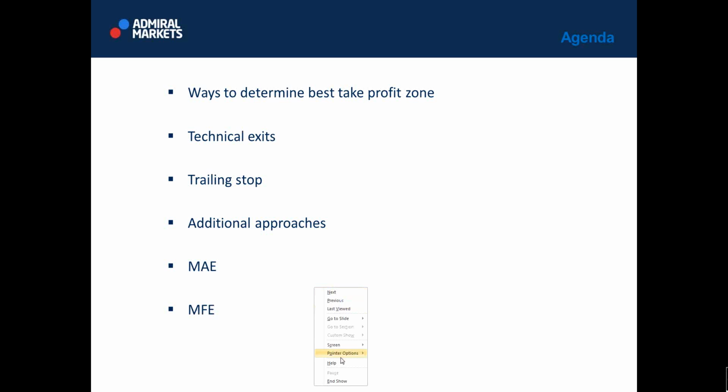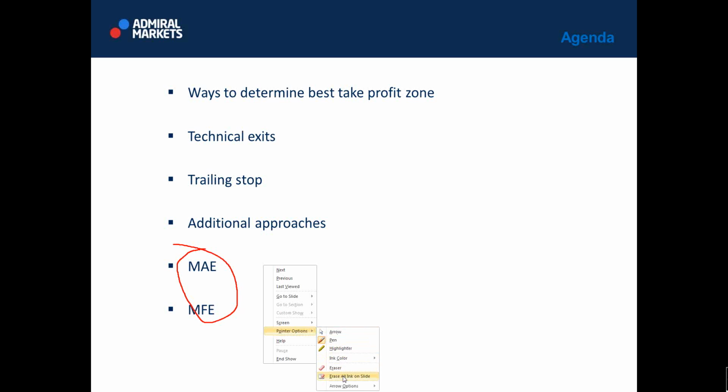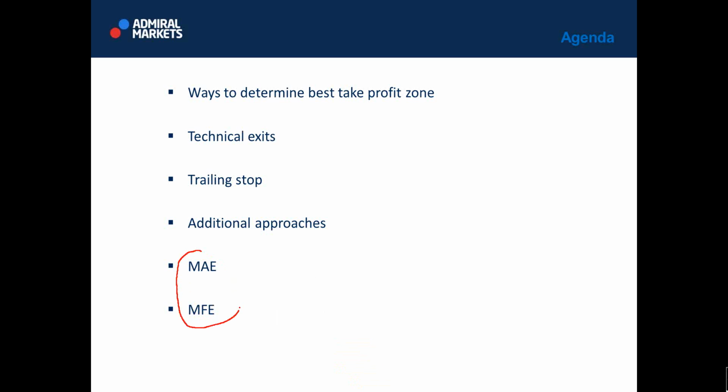These are the things which you should definitely consider to upgrade your knowledge. This webinar will introduce you to MAE and MFE, and you definitely should consider this in your future trade management analysis.